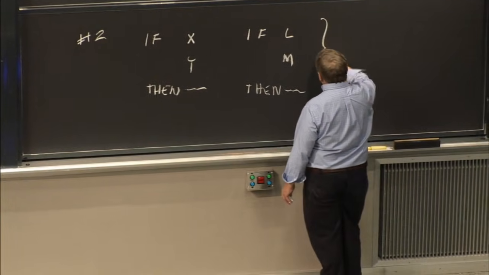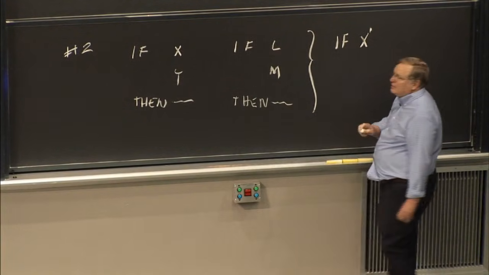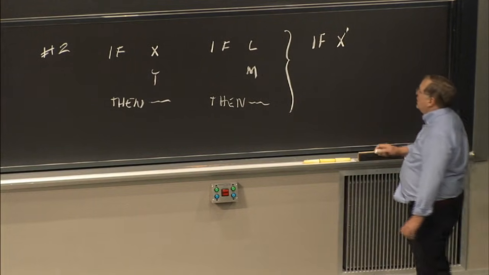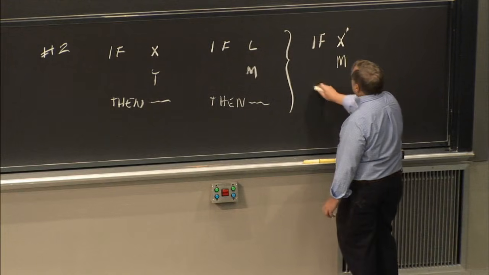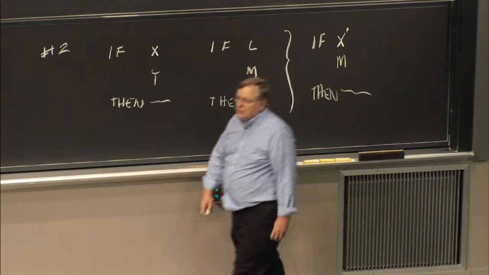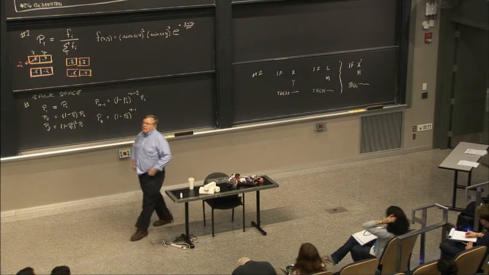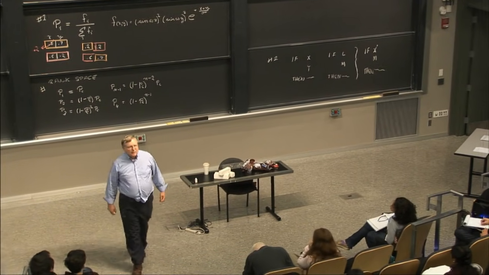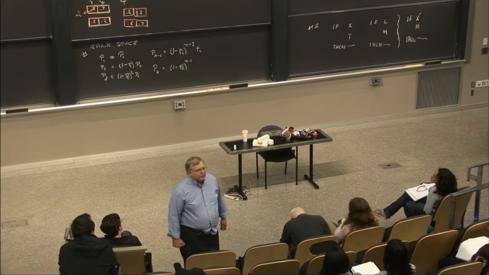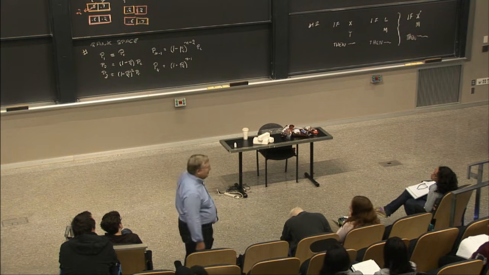And from these, he would produce rules like if X prime, that's a slightly mutated version of the X antecedent, and M, then some conclusion. So it's mutation and crossover. And he was able to produce a system that seemed to work about as well as the handicappers in the newspapers. So he started losing money at a less fast rate. He is now doing something in the stock market, they say. Doesn't talk so much about it, though.